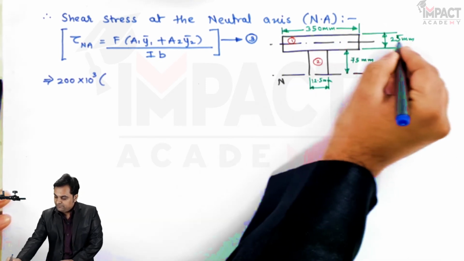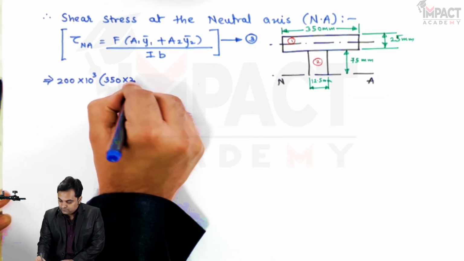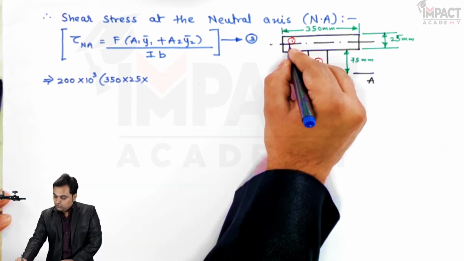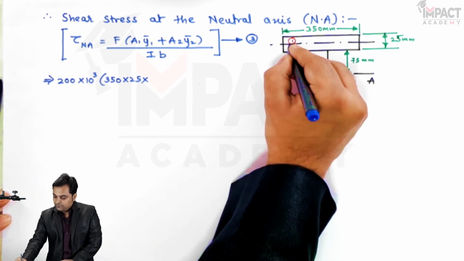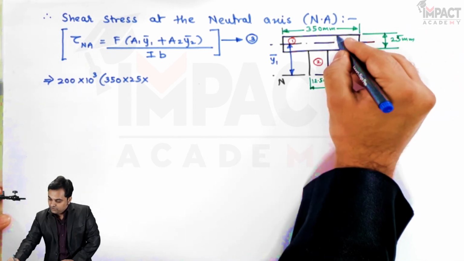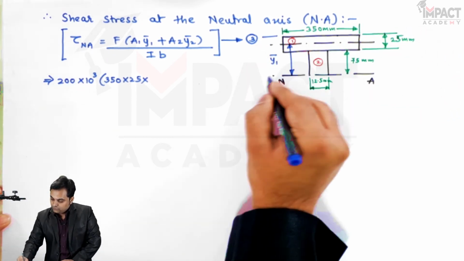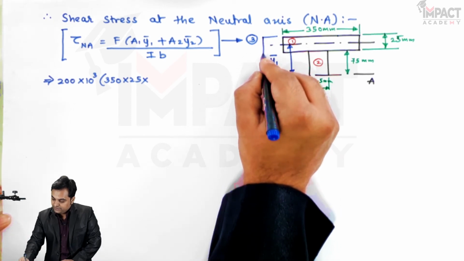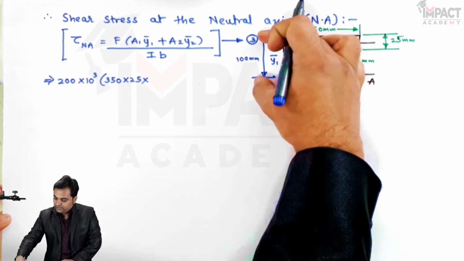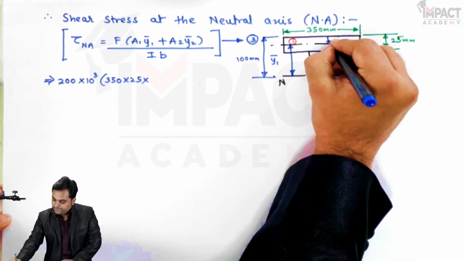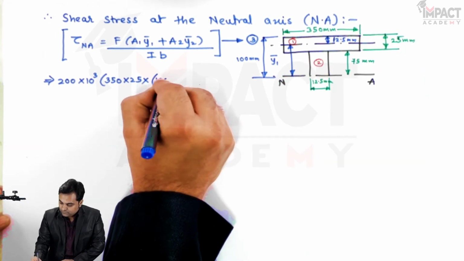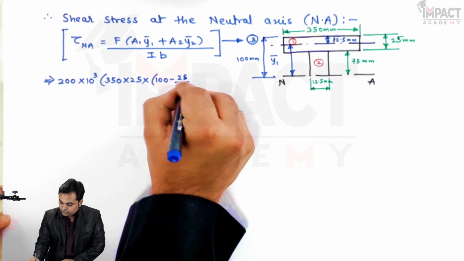Area 1 is 350 into 25. Then Y1 bar is the distance from the neutral axis to the x-axis of rectangle 1. This height is Y1 bar, and since the total Y bar from the top to the neutral axis we had calculated initially, this was 100 mm. So it is 100 minus half of 25, that is 12.5 mm.